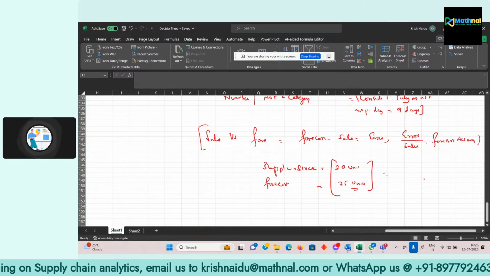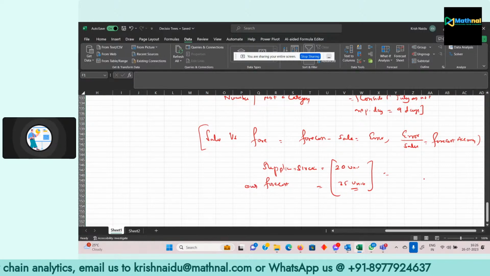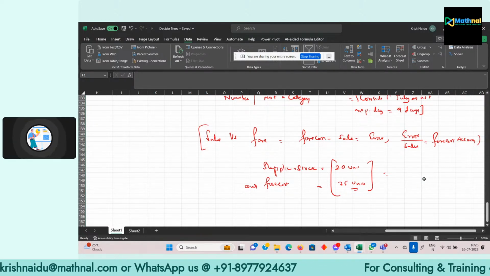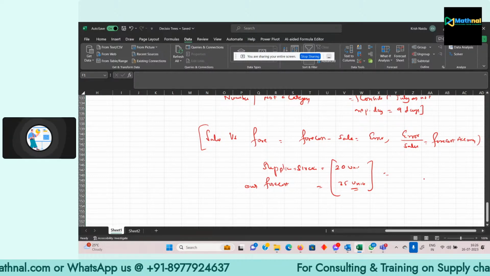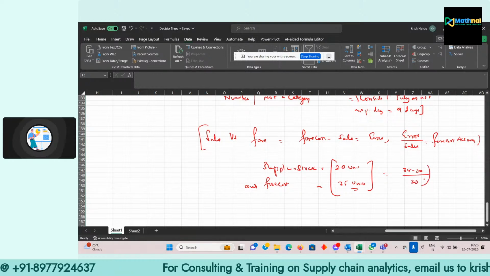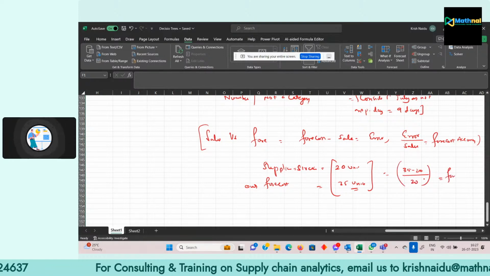So here we are going to put our forecast versus supplier stock. What was the supplier stock in the warehouse? Here we measure 35 minus 20 divided by supplier stock. This is another forecast accuracy.